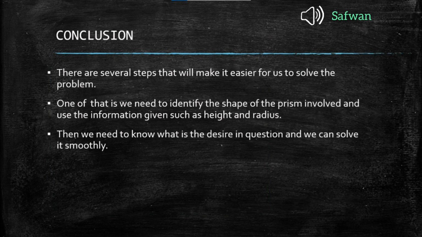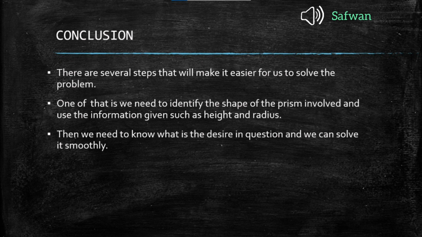So, there are several steps that will make it easier for us to solve the problem. One of them is, we need to identify the shape of the prism involved and use the information given, such as height and radius.